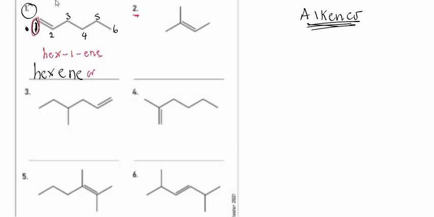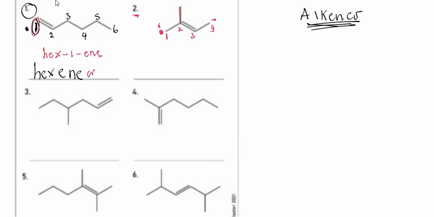The second question is this one here. So here, where are we supposed to start counting from? This side or this side? The good side to start counting from is this side, because we have the branch here. When I start counting from this side, this is my 1, this is my 2, this is my 3, and this is my 4. Why did I start counting from this side?